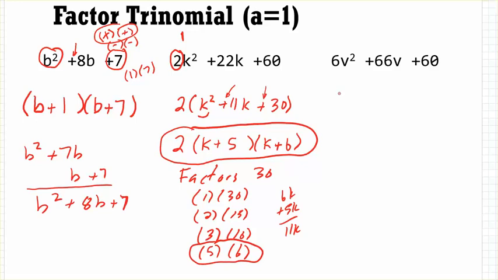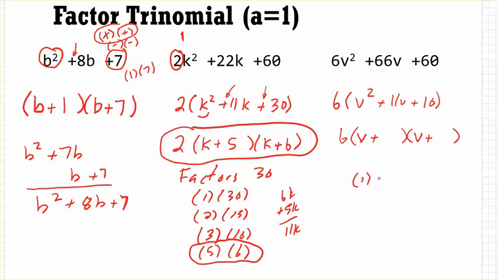So the next one we can factor out a 6. So that leaves us v squared plus 11v plus 10. And so to factor these, we know that we're going to use 2 pairs of binomials, and we're going to have v times v. We're also dealing with positives. And there's only 2 ways to get a 10.